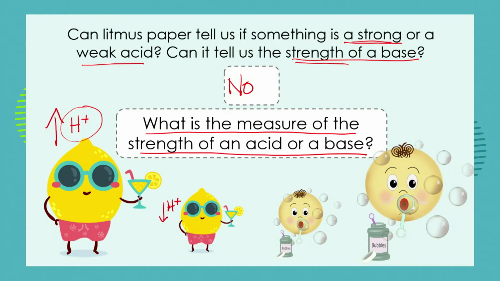Same for bases. Strong bases are going to have lots of hydroxide ions, and weak bases, like toothpaste, for example, are going to have fewer hydroxide ions. But how can we measure the strength of an acid or the strength of a base? This is a problem.